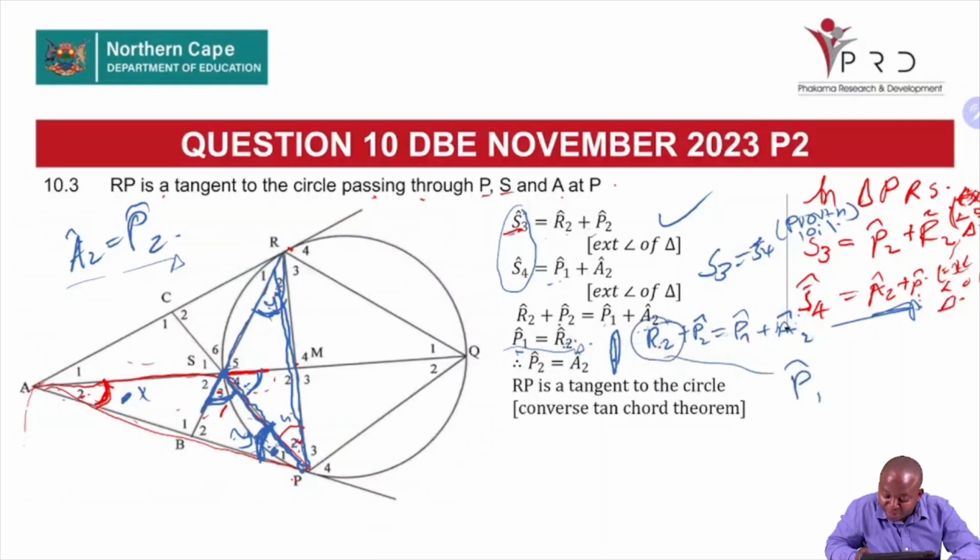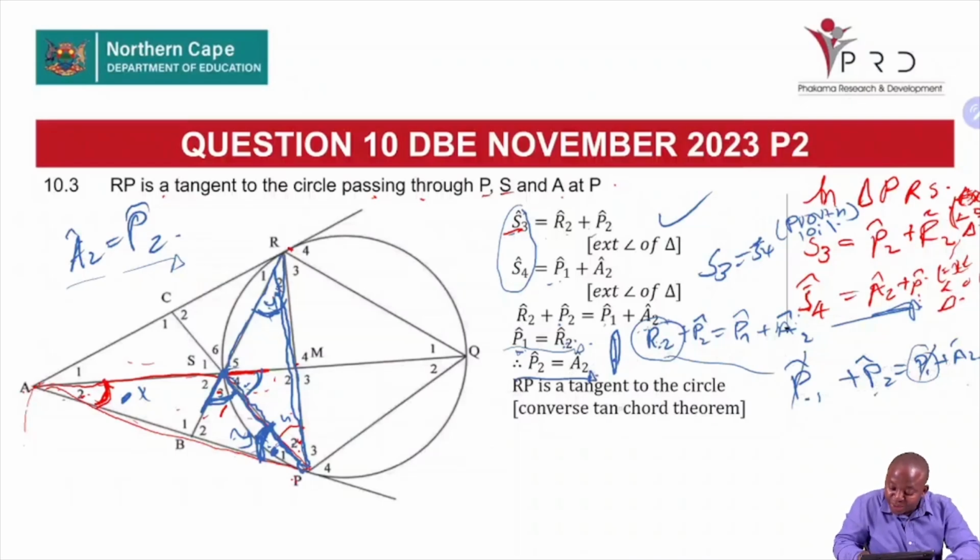That means I can put P1 in place of R2 plus P2 is equal to P1 again plus A2. Then what do we do? We subtract P1 from both sides, or transpose it. This will cancel out. Then P2 is equal to A2. Then we have proven that P2 is equal to A2.